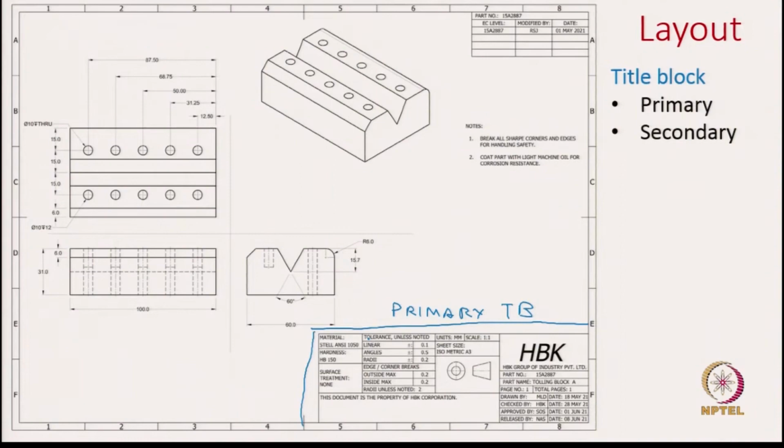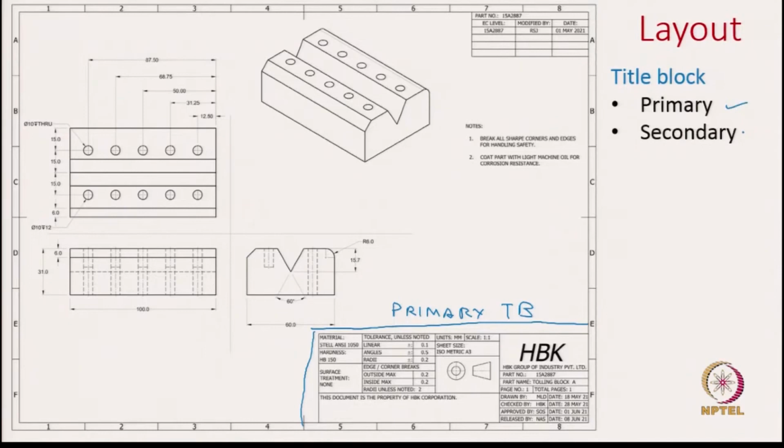It will also contain various information about the object in the engineering drawing, like what kind of projection is used, what scales are used, and the units used. It will also contain information which is useful to fabricate this object, so maybe details of the materials to be used and the allowable tolerances. We will look into each of these in the next slide, but let us focus on the other details we have on this sheet.